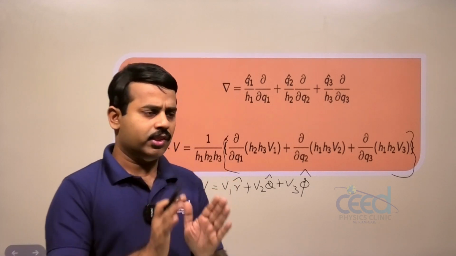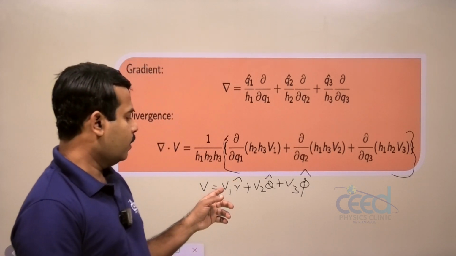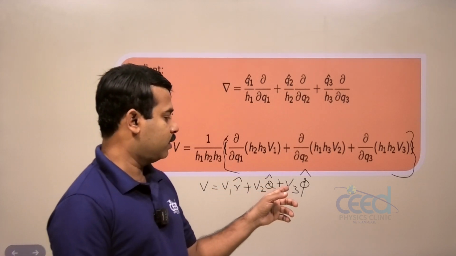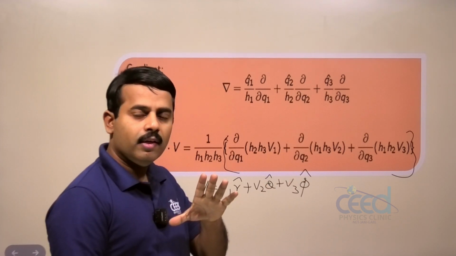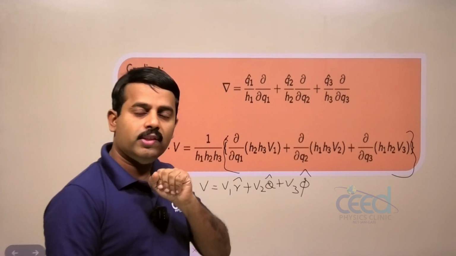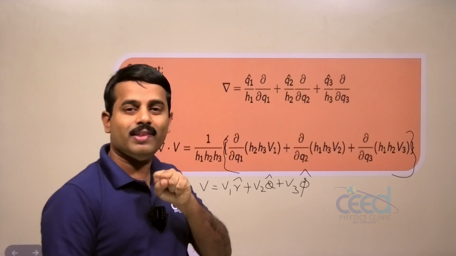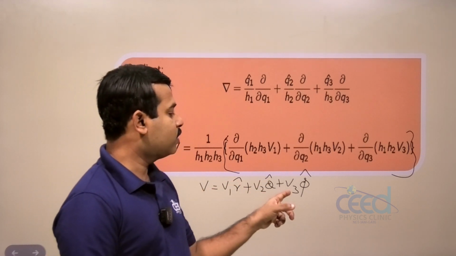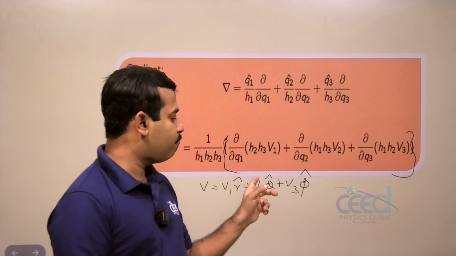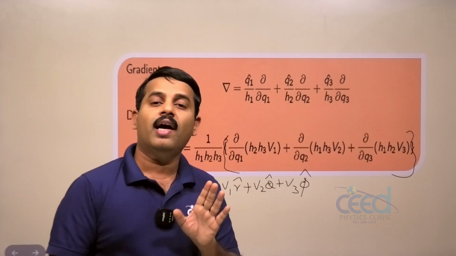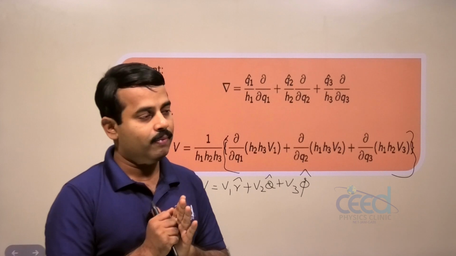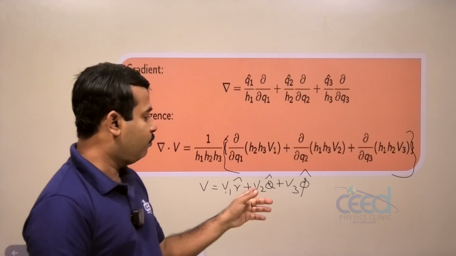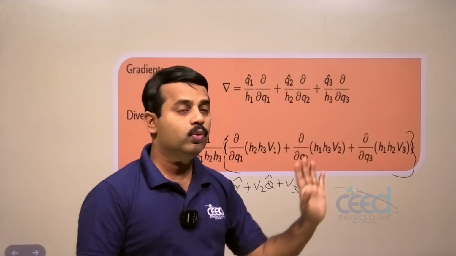In Cartesian coordinates you say 2i cap plus 3j cap plus 2k cap. Similarly, in the spherical polar coordinate system, we represent a vector as v1 r cap plus v2 theta cap plus v3 phi cap. These r cap, theta cap and phi cap are the unit vectors, and v1, v2, v3 are the components.